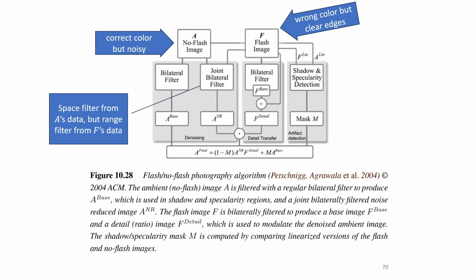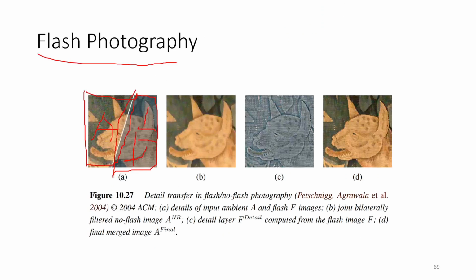So there's another path here. They remove the shadow, and then combine those generated images together. Then this is the generated image. So this is why we need to use bilateral filtering.